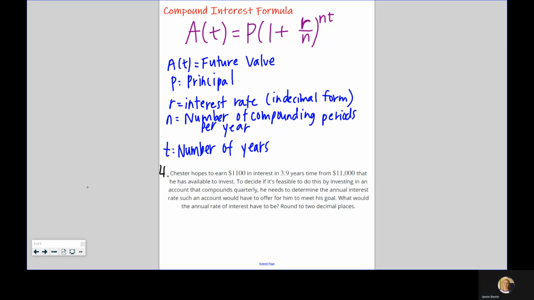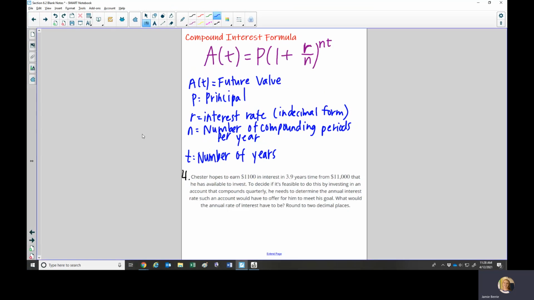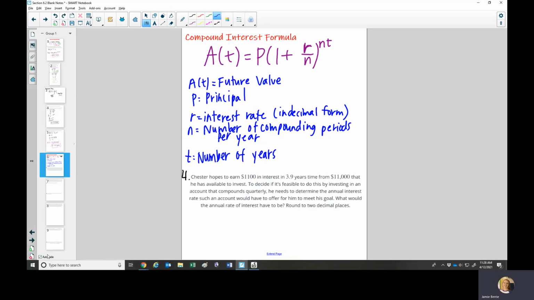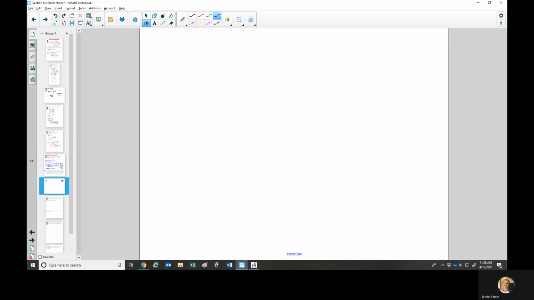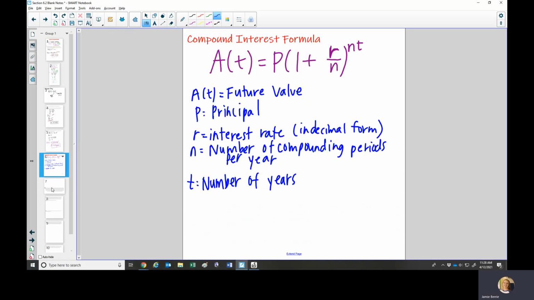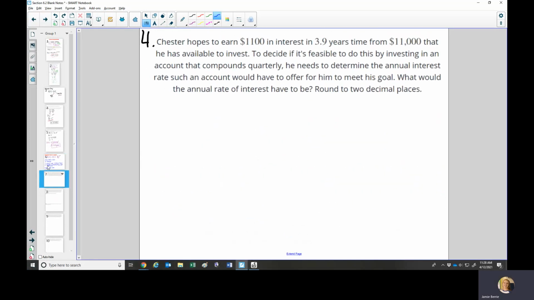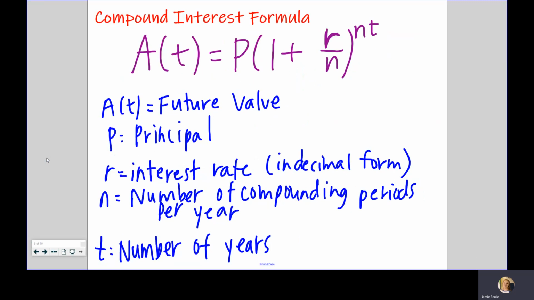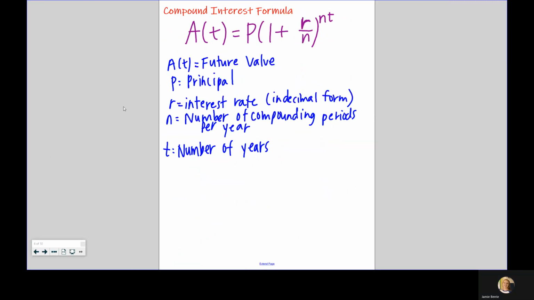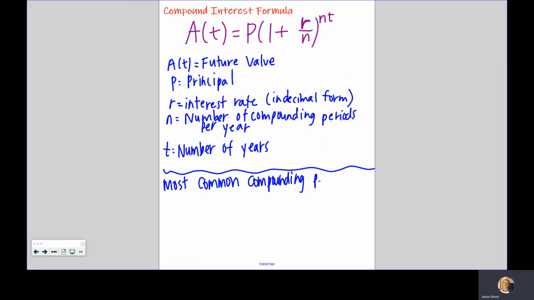So again, let me add in a little page here. And I'm going to move this little guy over just so we have plenty of room. So let me tell you the common compounding periods, and their corresponding N values.